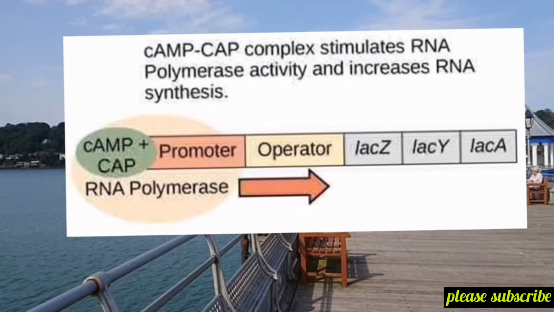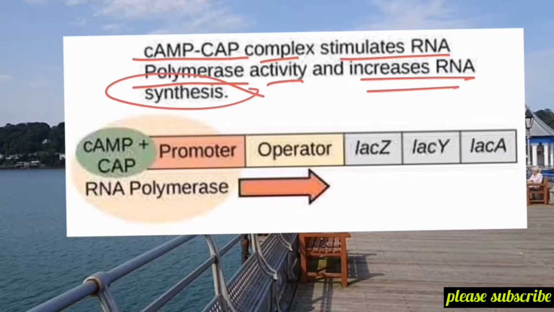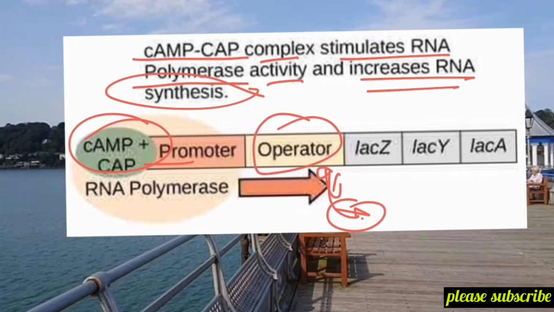There are also other factors, not only lactose. Cyclic AMP plus the CAP complex also stimulates RNA polymerase activity and increases synthesis. They can bind with the promoter site, while lactose binds with the repressor proteins bound to the operator regions and removes the repressor molecules from the operator.